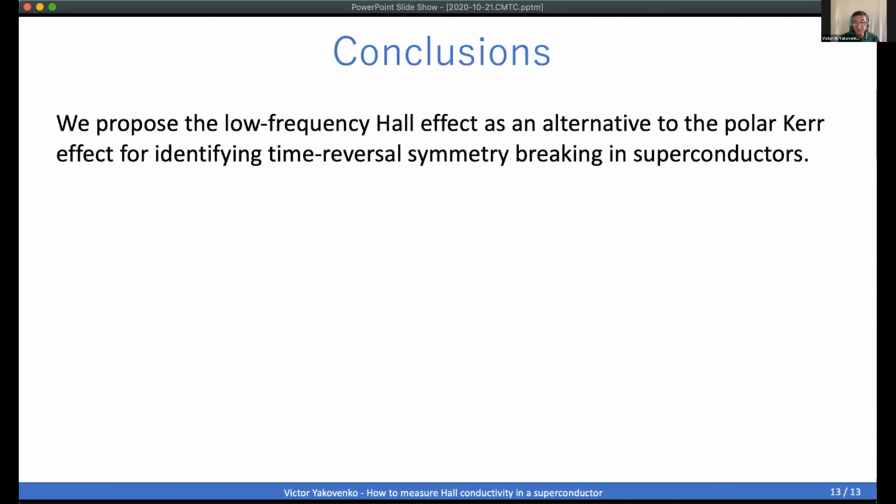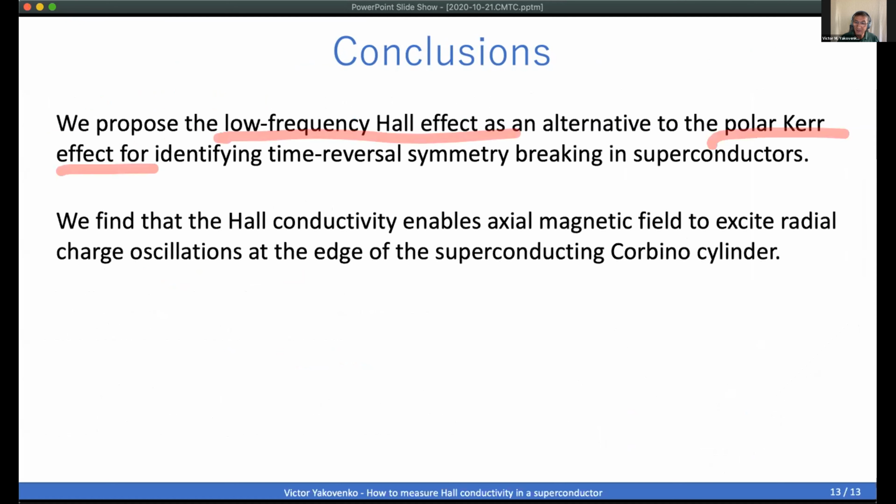And so that basically brings me to the conclusion. We propose low frequency Hall effect measurements as an alternative to the high frequency polar Kerr effect. Unfortunately, this experiment looks to be as challenging as that experiment, but for different reasons. But at least it could give us an alternative confirmation of time reversal breaking.